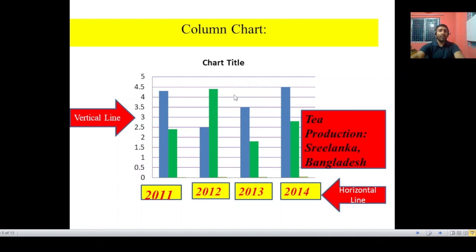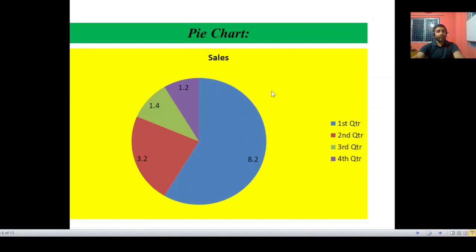And here we see some columns, and here we can see two columns, one is Sri Lanka, and another is Bangladesh.